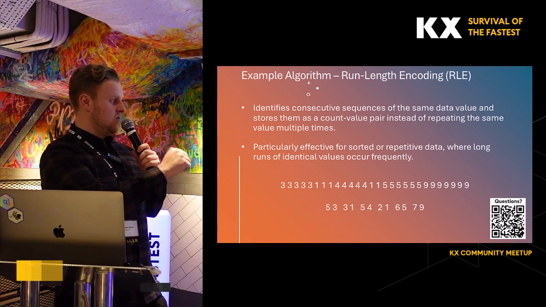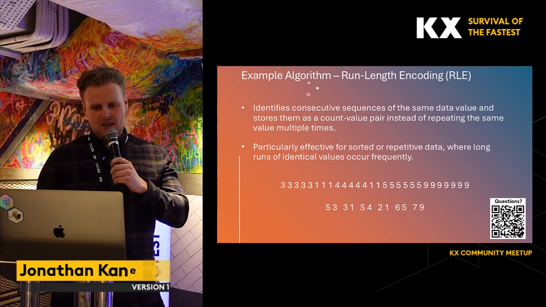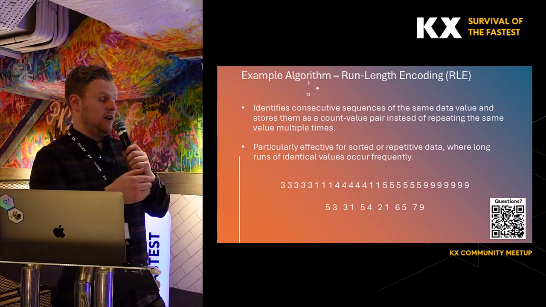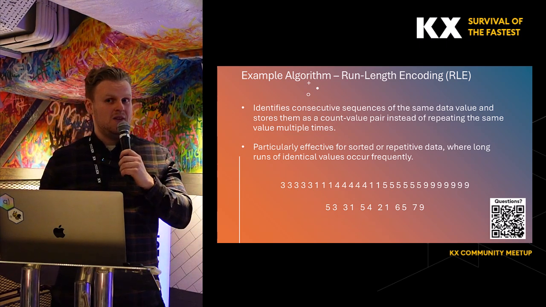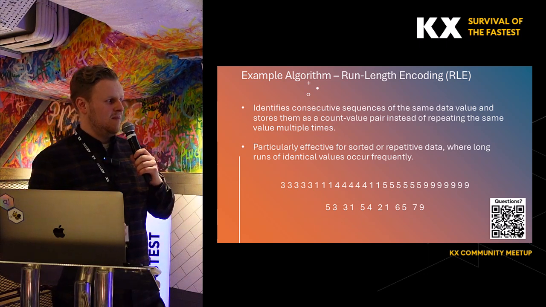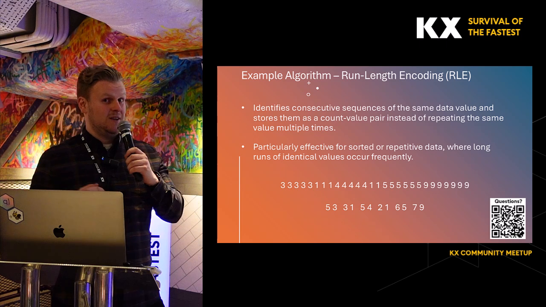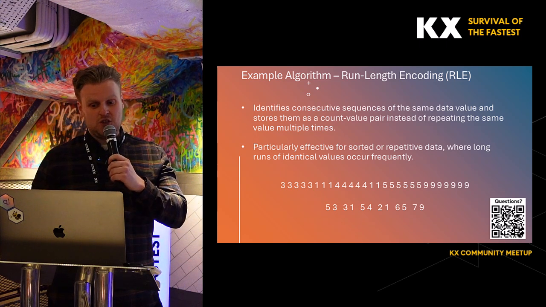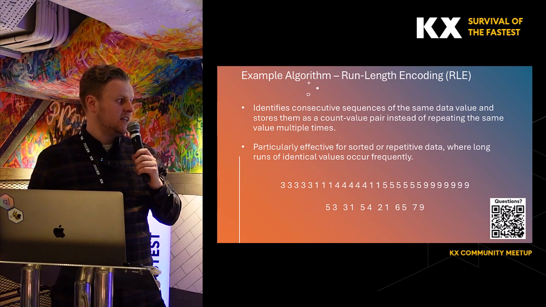It's storing the number 5 3s, 3 1s, 5 4s, etc. You can see the benefit here for data where you have long runs. You might also see the downside if we have very unique data. In the worst case, if we had a completely unique set of data, we'd actually end up doubling the memory.